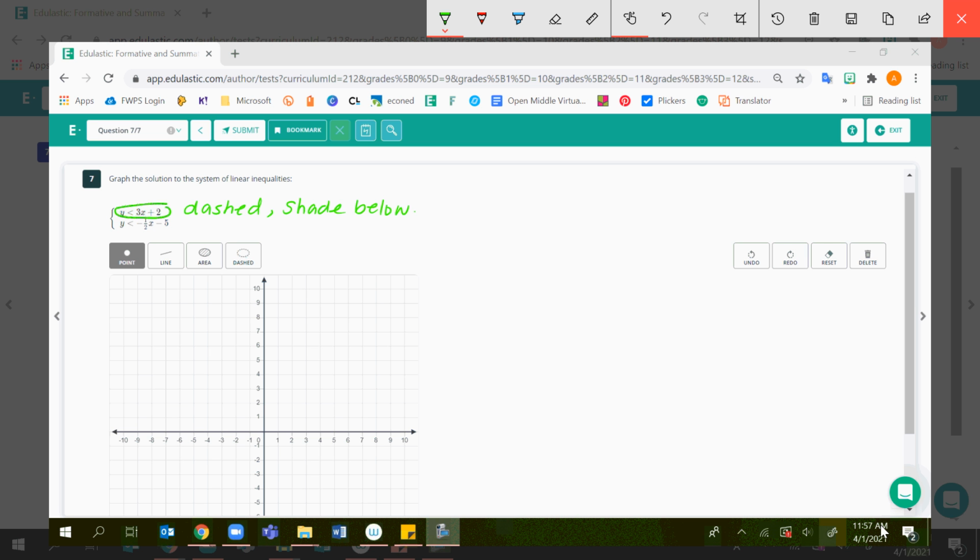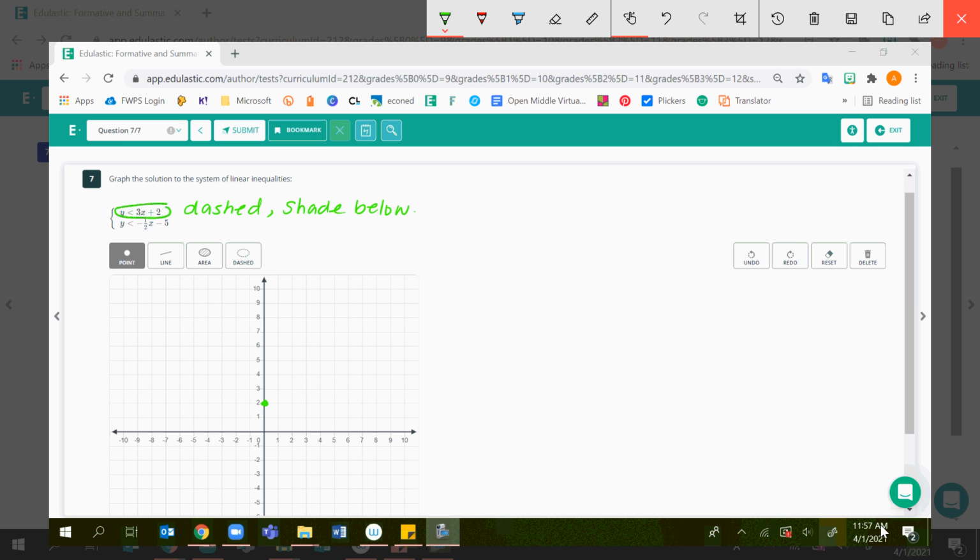Okay. Also, other things about my inequality here, it is in slope-intercept form. So my number that is not attached to my x right here in this case is a positive 2. So that's going to be my y-intercept, positive 2.